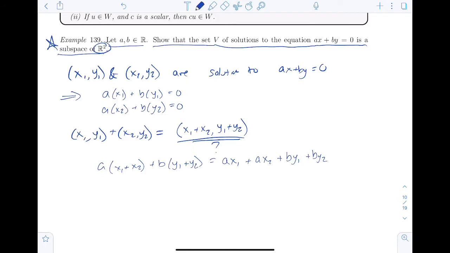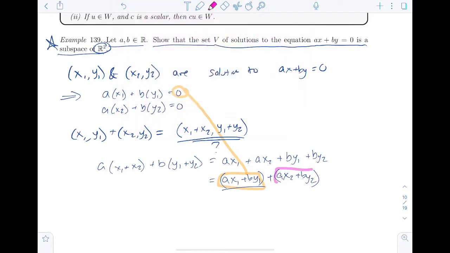Maybe I can rearrange that: ax1 plus by1 plus ax2 plus by2. What's that? Oh, I did that earlier. That is 0. And the next one, I did that earlier also. That one's also 0. So I get 0 plus 0, which is 0. So in fact, this thing is a solution.